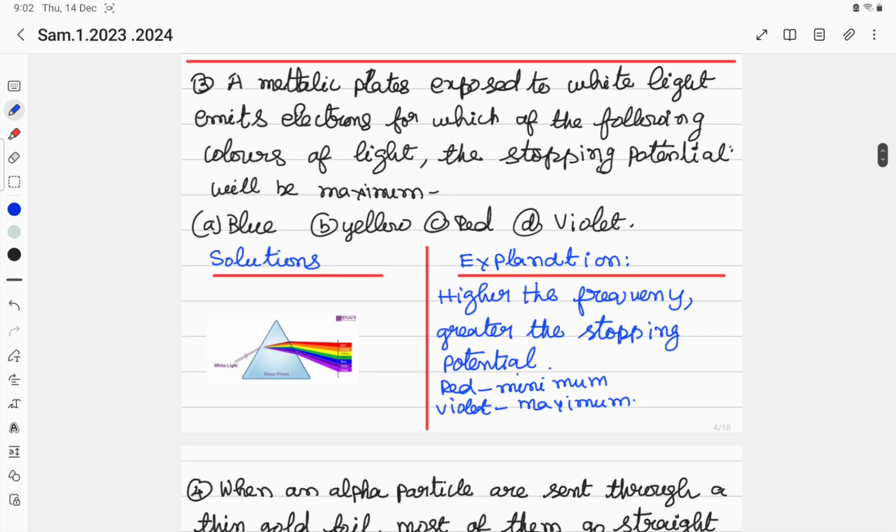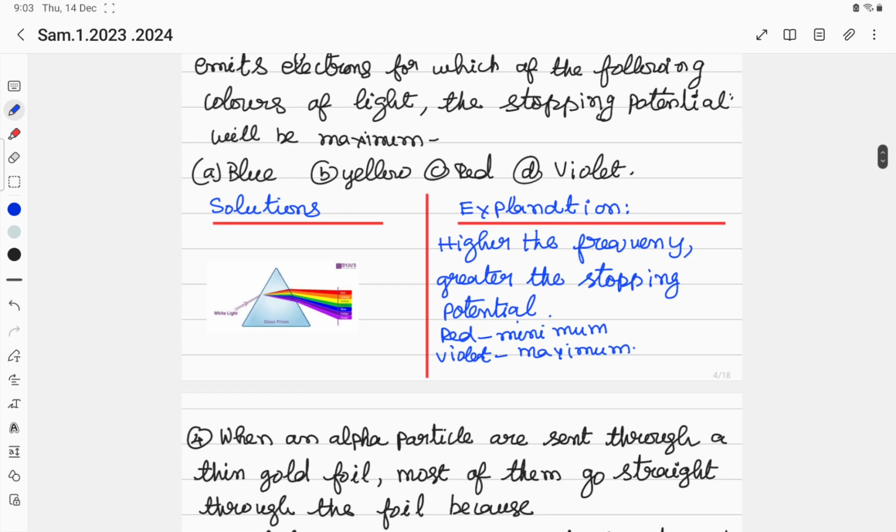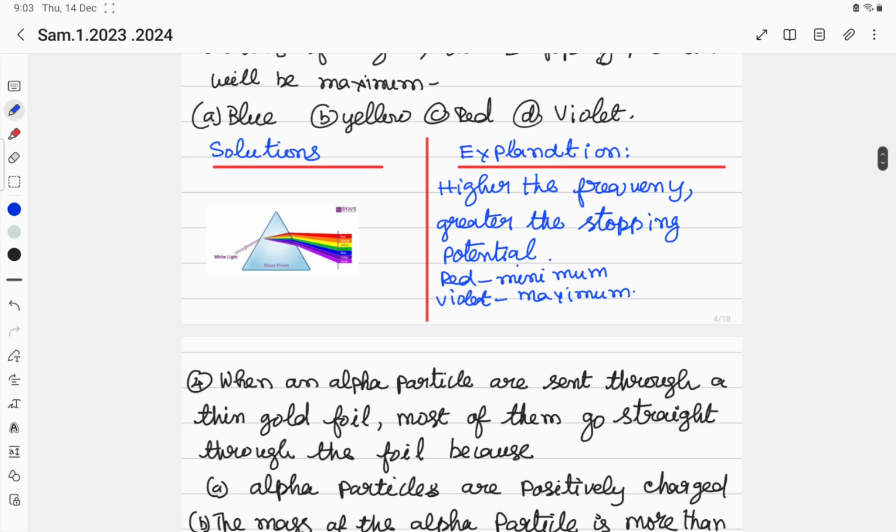Question number 3. A metallic plate exposed to white light emits electrons. For which of the following colors of light will the stopping potential be maximum? Blue, yellow, red, violet. Here, the higher the frequency, the greater the stopping potential.